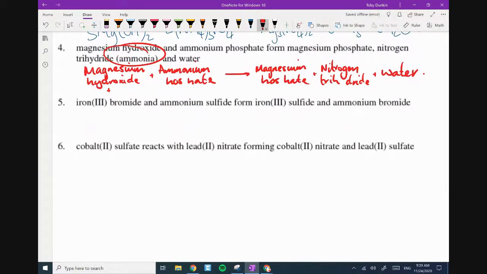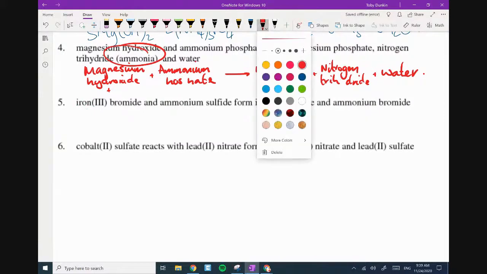Right, so this one hopefully will be slightly easier. So we've got iron. I'm going to shrink my pen so I fit everything into the gap.